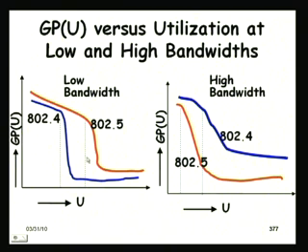Now, here the red line indicates the performance of the 802.5 protocol, the priority protocol, and the blue line indicates the 802.4 or the bounded access protocol. Just see here, that it is reversed here. Now, let us see why it is so and what it really means.